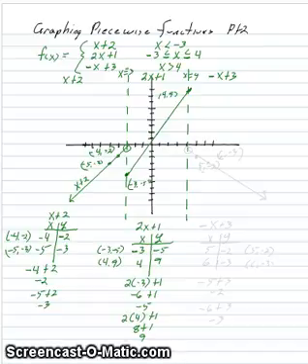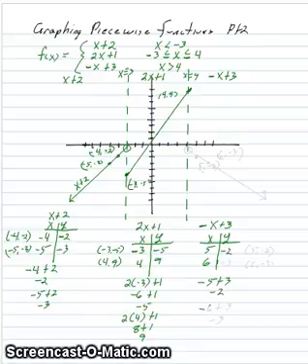Now the last interval, we're going to graph -x plus 3, and that's in the interval greater than 4. So I cannot use 4 because it's greater than 4, so I'm going to use 5 and 6. So -5 plus 3 is -2.